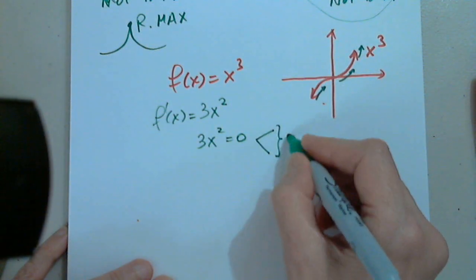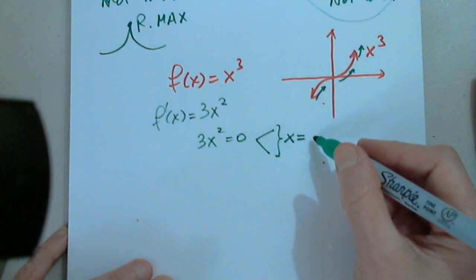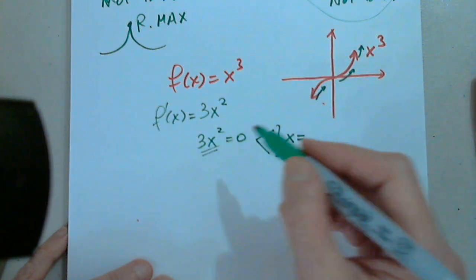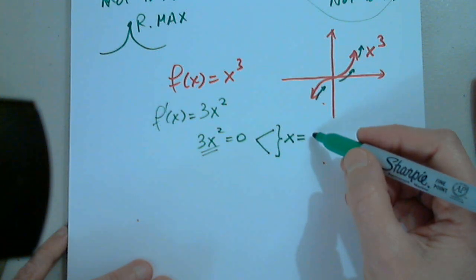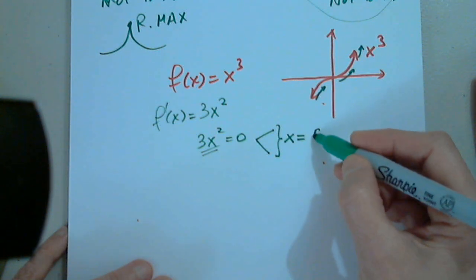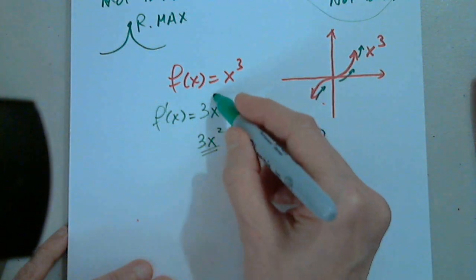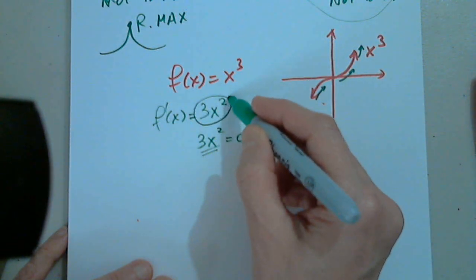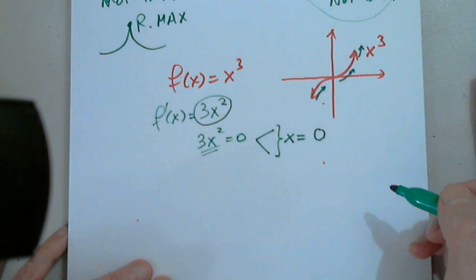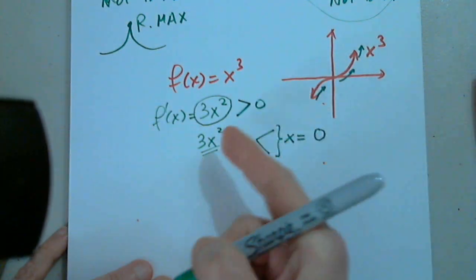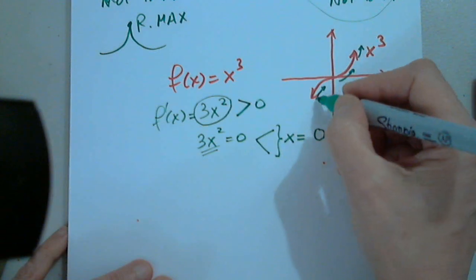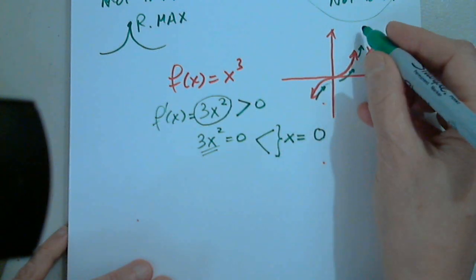Because it's quadratic, I get two solutions, but they are both equal to 0. Very good. But can anyone give us the sign of this derivative? Positive. Always positive. As you see, the derivative is always positive. The function is always increasing.